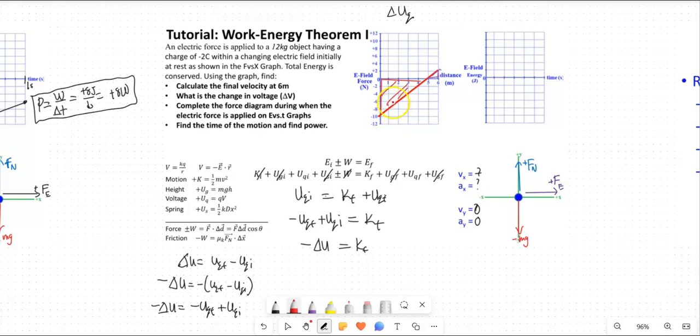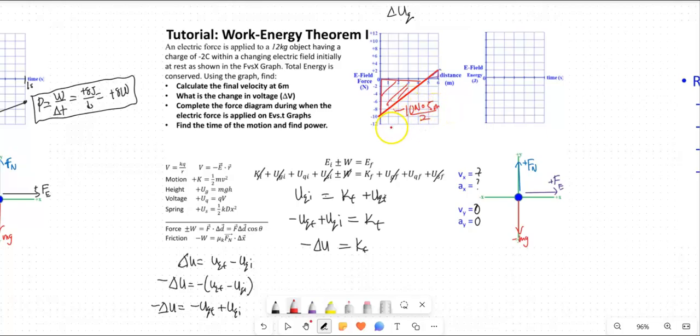This red area right here is the work due to the electric field. So this red area is 10 times 5 divided by 2. So negative 10 newtons times 5 meters, and since it's a triangle, we're going to divide it by 2.